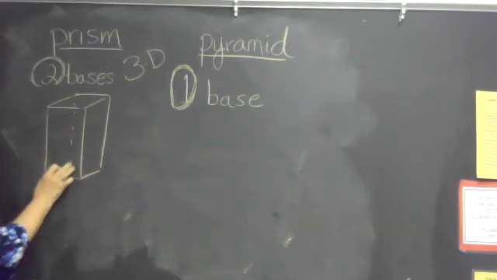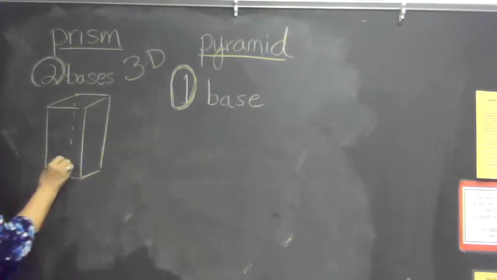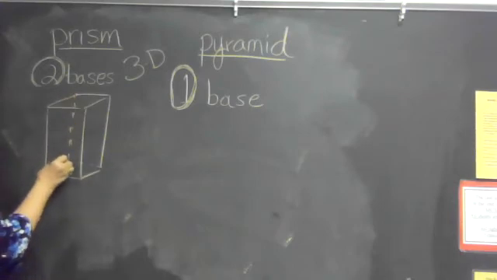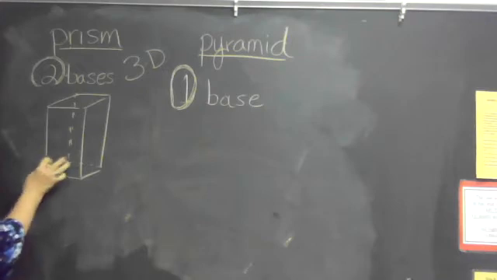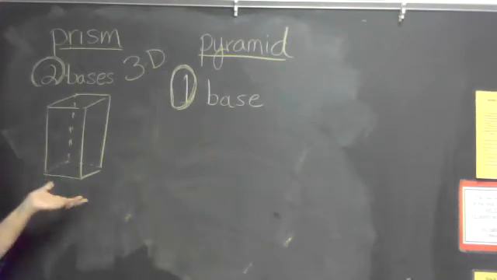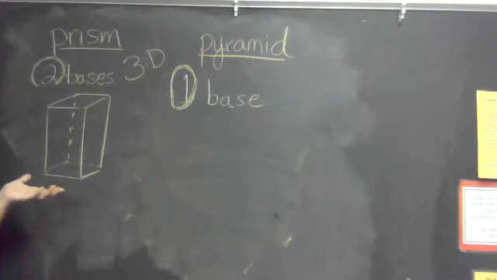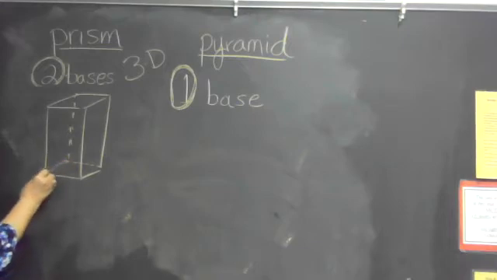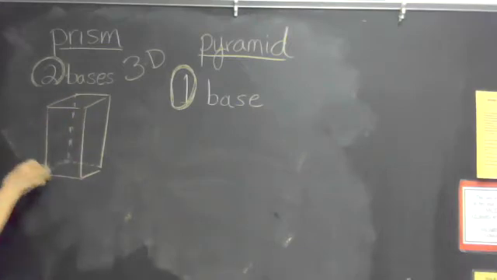Now, with a rectangular prism, the bases could be anywhere because everything is rectangular.